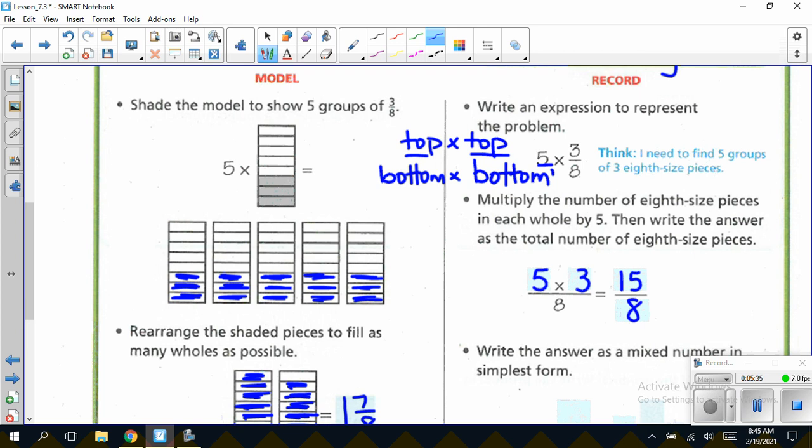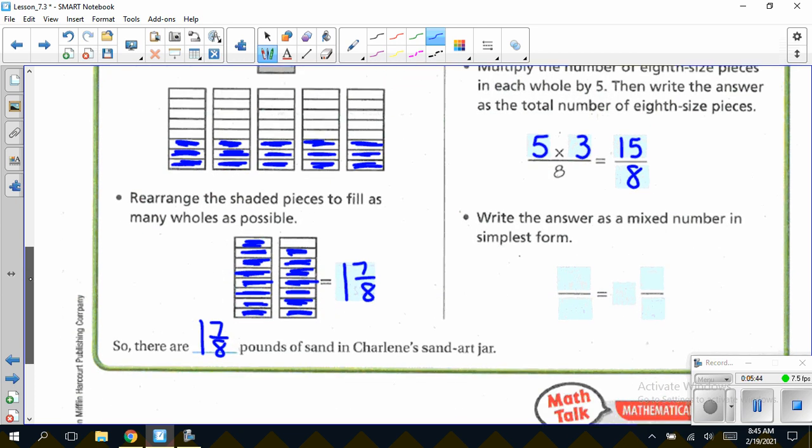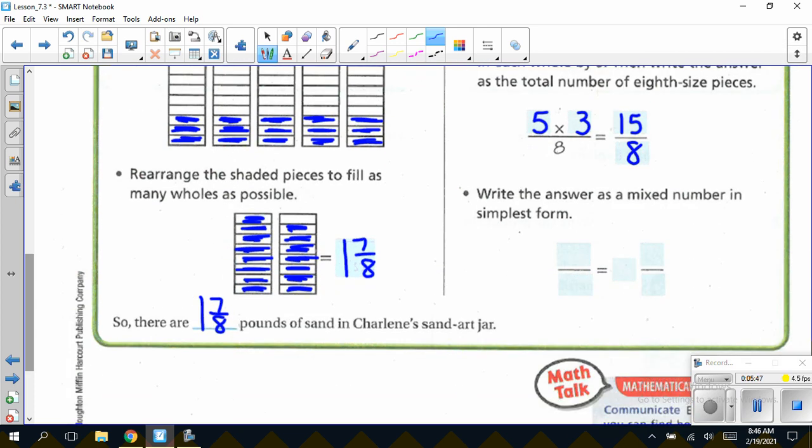Now, I see that my answer is 15/8, and back from chapter 6, I know that I cannot have an improper fraction. So to simplify this, I need to make sure that my fraction is no longer improper. So I'm taking that 15/8 and I want to make it into a mixed number.